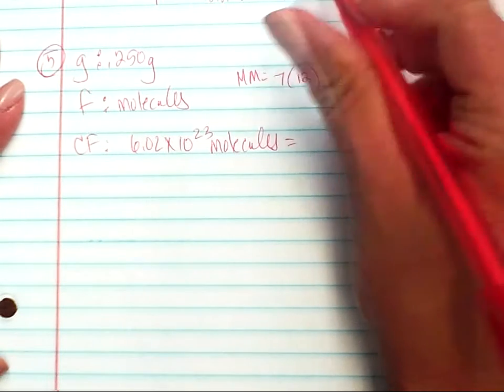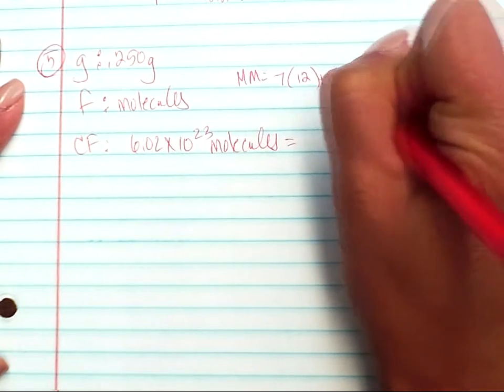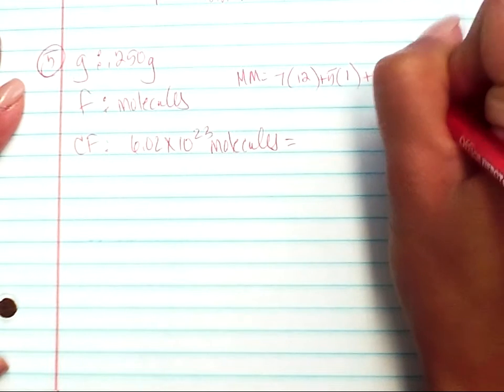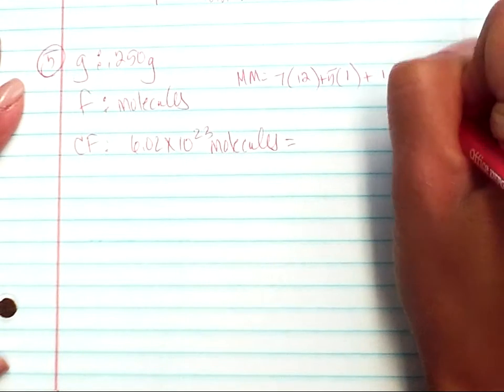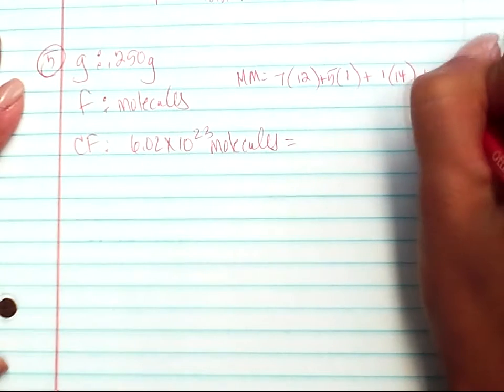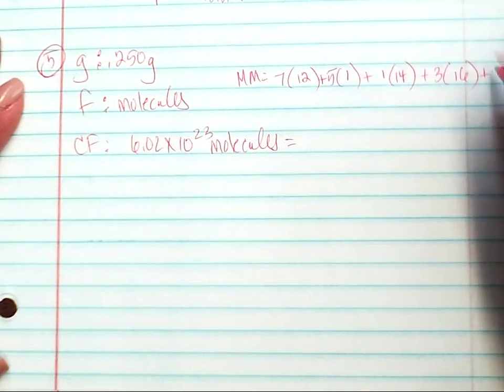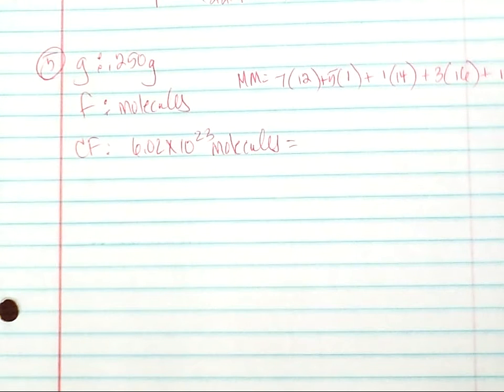We have 5 times the 1 of the hydrogen, plus 1 of the nitrogen, which if you look it up is 14, plus 3 of the oxygen, plus 1 of the sulfur, and I actually don't know sulfur, 32.